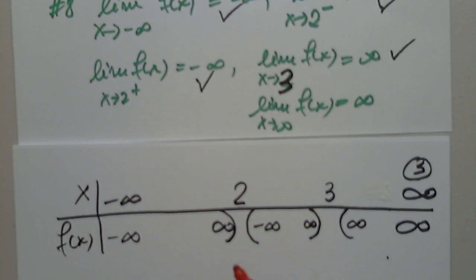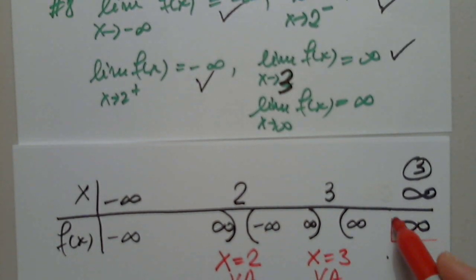So, obviously, if on the left-hand side of 2 and the right-hand side of 2, we have infinities or negative infinities or both the same, it doesn't matter. We know that x equals 2 must be a VA. Absolutely the same thing here. It's just that on both sides is positive infinity, so x equals 3 must be a VA.